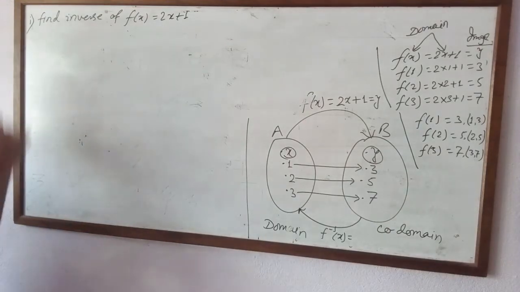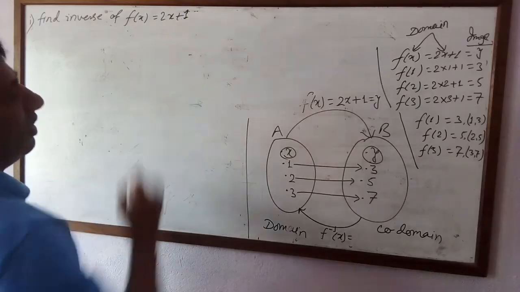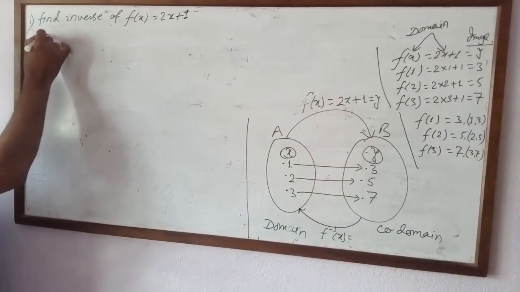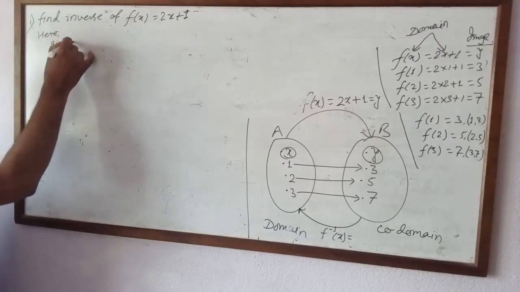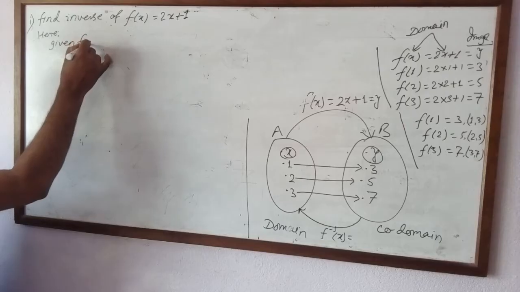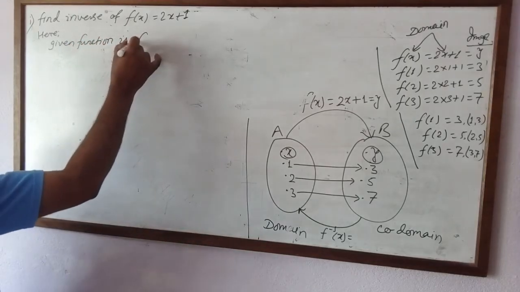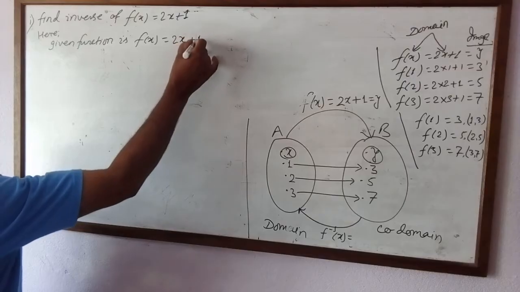This one is a question. How to find the inverse function of 2x plus 1? First, the given function is f(x) equals 2x plus 1.